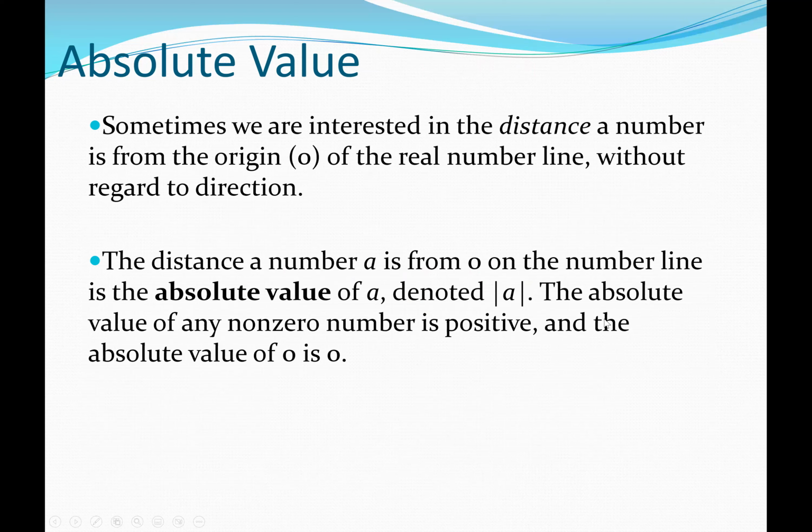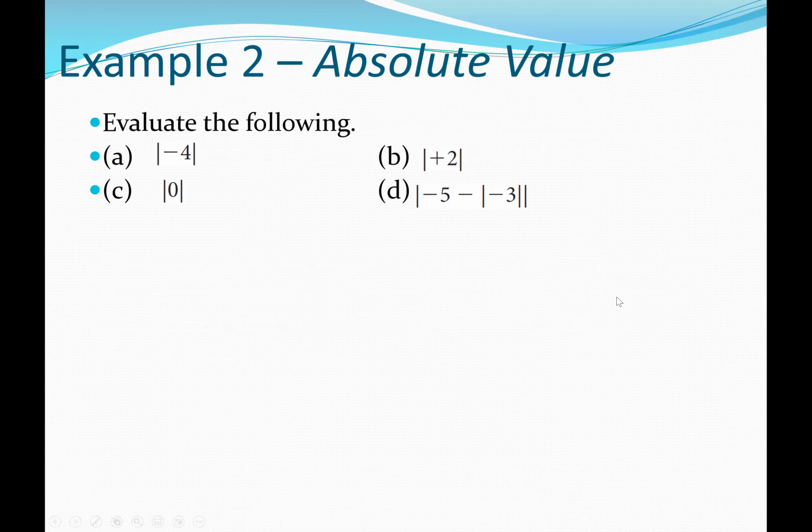Sometimes we are interested in the distance a number is from the origin 0 of the real number line without regard to direction. The distance a number a is from 0 on the number line is called the absolute value of a. So the absolute value of any non-zero number is always positive, and the absolute value of 0 is 0.